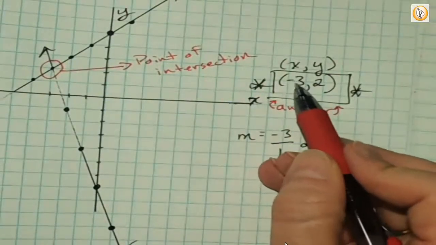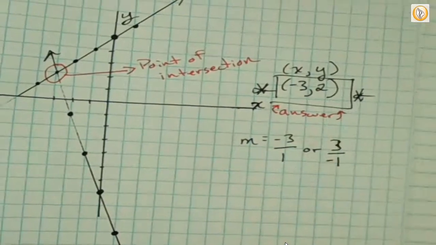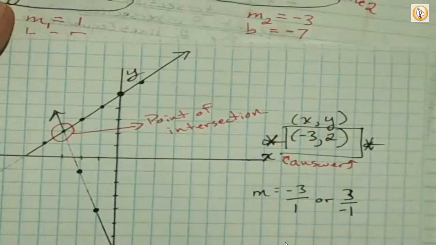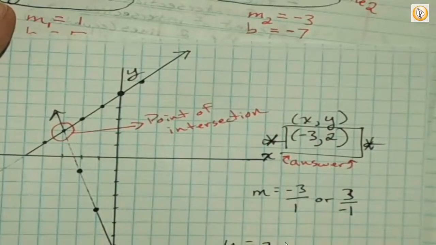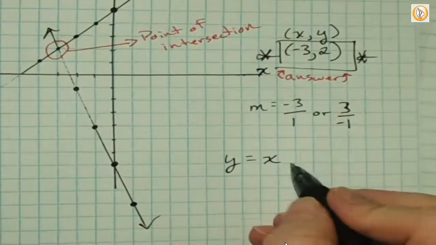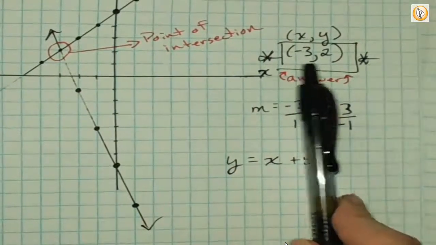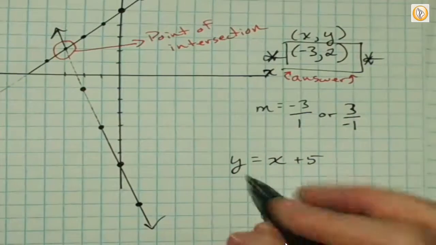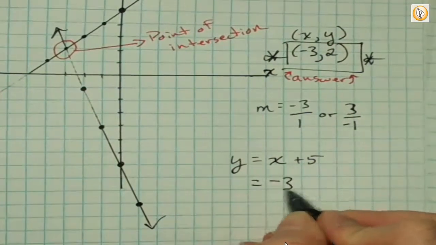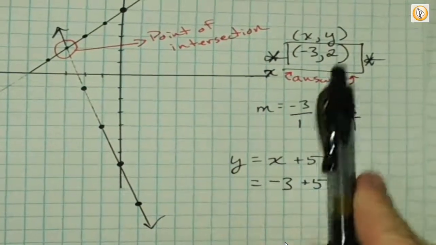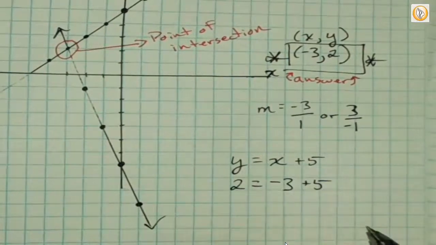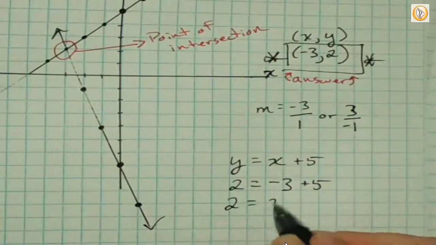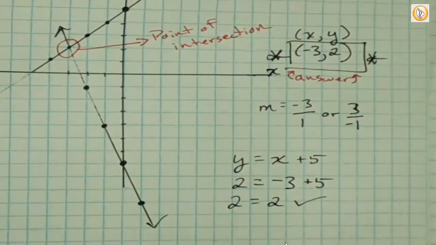This is your X and this is your Y. So you would take your original equation, y equals x plus 5, and you would substitute this in there. So like you would say this is x, you would put -3 plus 5, and then y is 2. So you would substitute. -3 plus 5 is 2, therefore it checks.